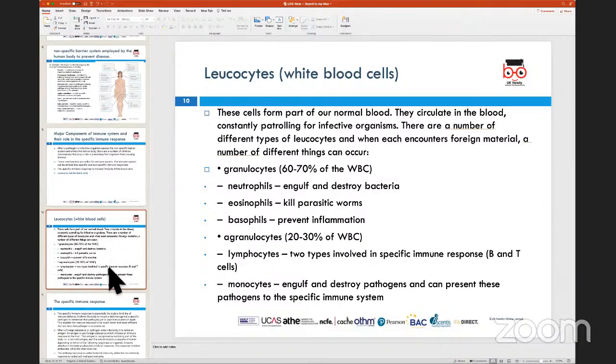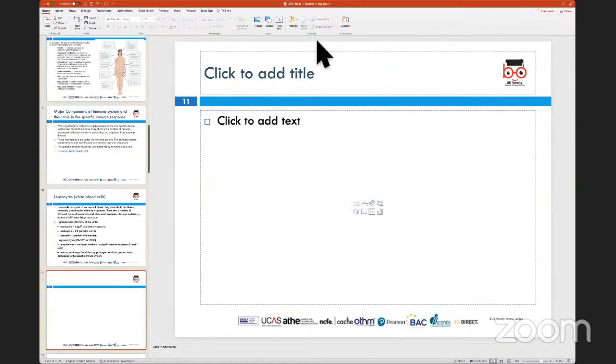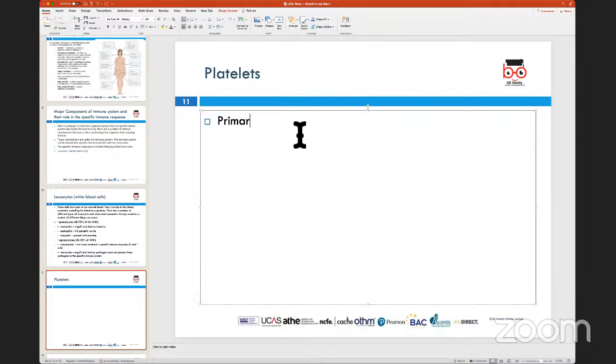Now, when we talk about the third type, I would want to include platelets. So the third type of cells, which are called platelets, are basically cells whose primary function is to prevent and stop bleeding.